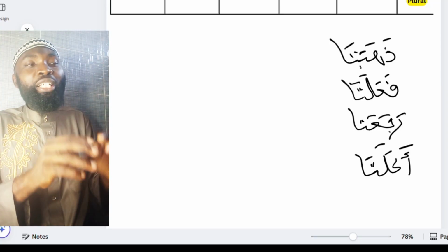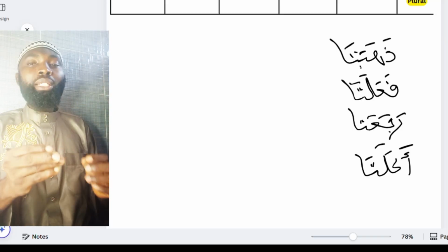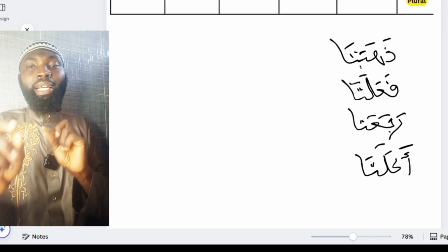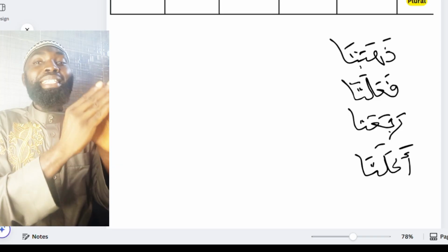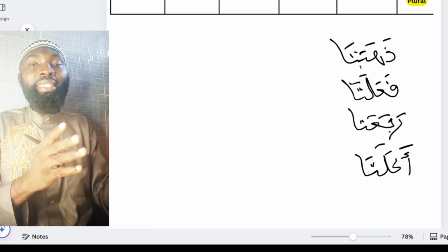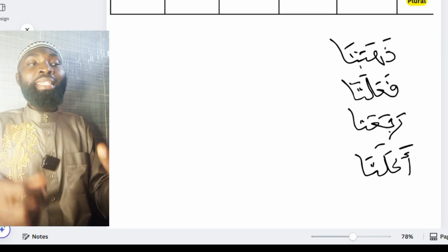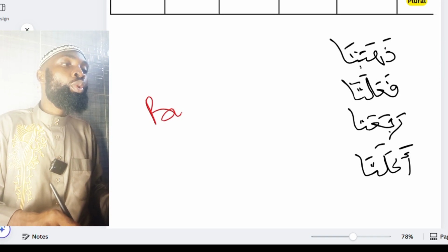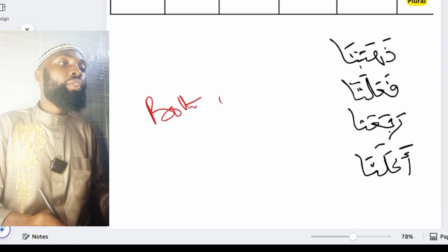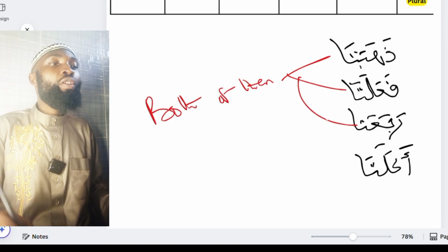All you need to do is to use the dhahaba as a scale, and all other verbs coming, make sure you fit them in. Any addition, put it. Any vowelization, make sure it is similar in sounds and in writing. Dhahabata, fa'alata, raja'ata, akalata. It means both females, the two of them, did all of these actions you can see over here.